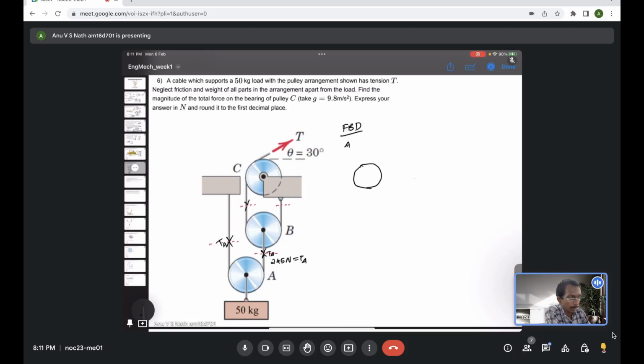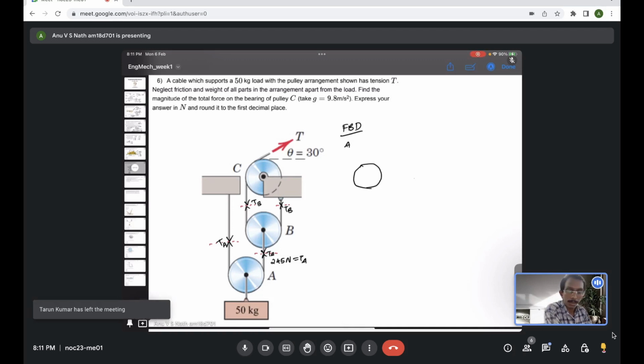Similarly, let's call this TB. Now TC, or TB is the same as T, that will come to. So this is how I split it.